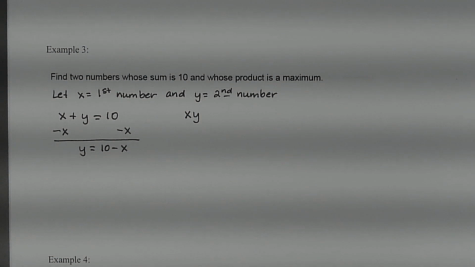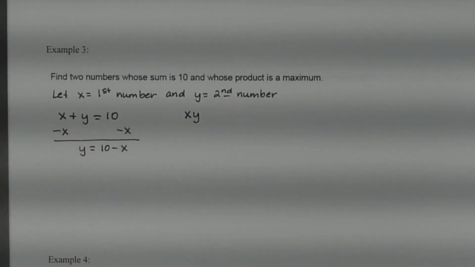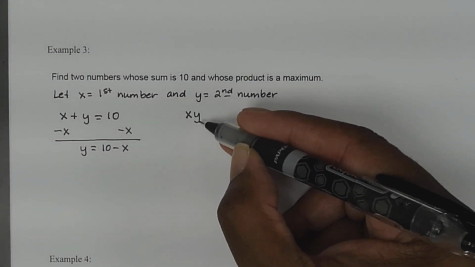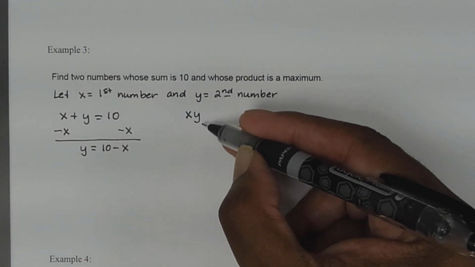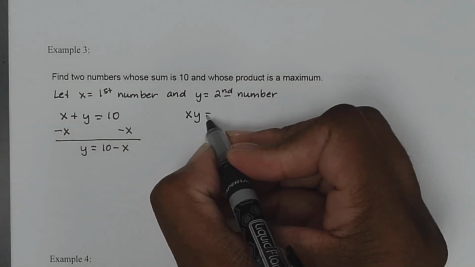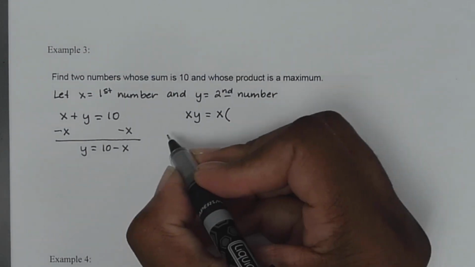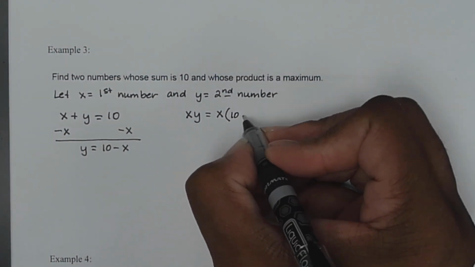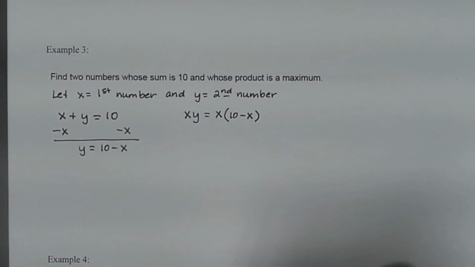And then take that 10 minus x, which is what y is equal to, and substitute it for y in this expression right here, x times y. So this means x times the y, which is 10 minus x, because I'm writing that in a single variable.